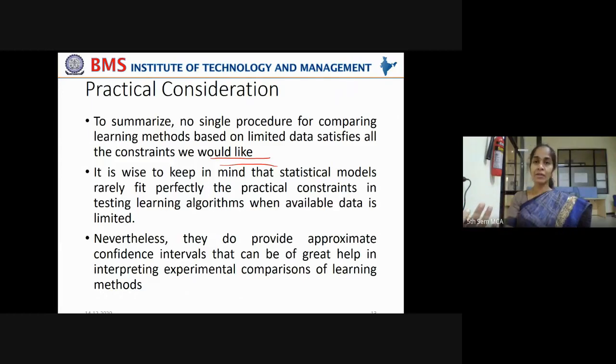Based on the approach you select for cross-validation, the approach you select to choose between the learning algorithms, and the evaluation metrics, you will have to decide which learning algorithm best suits your context, which best suits your data. Okay, so this is not a 1 day or 2 day process.